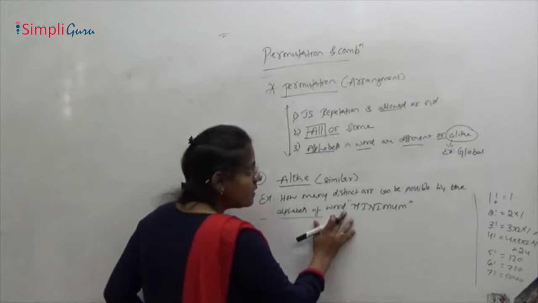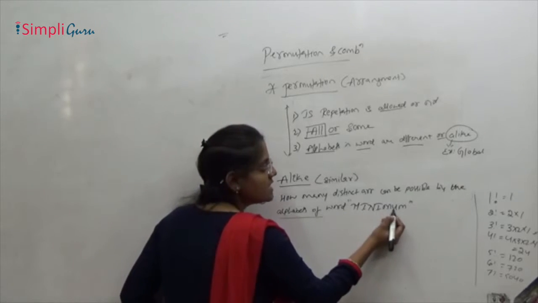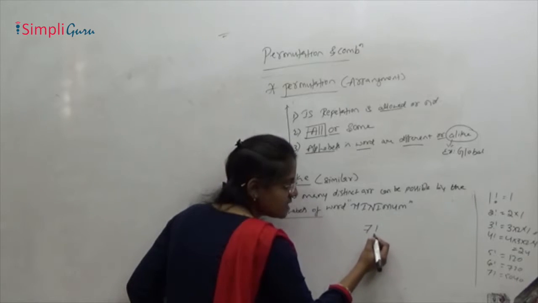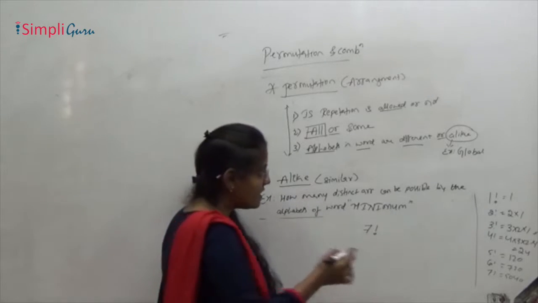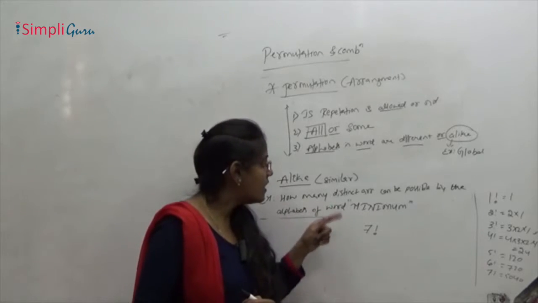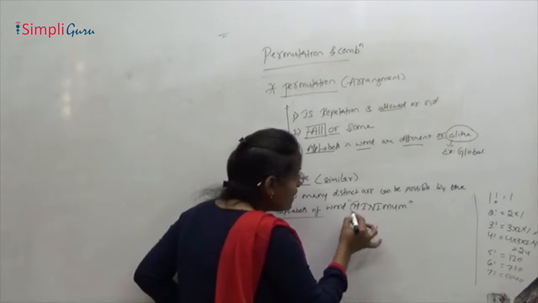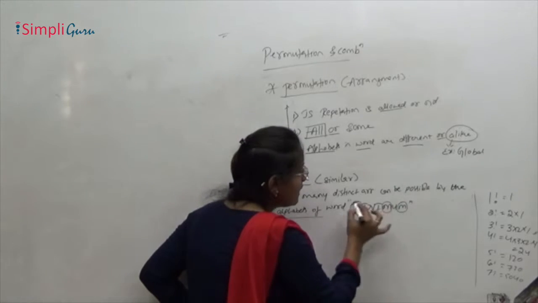See here, in minimum how many alphabets are there? 1, 2, 3, 4, 5, 6 and 7. So take it first as 7 factorial. Immediately see after that, are the alphabets in the word minimum alike or different? Yes, they are alike.